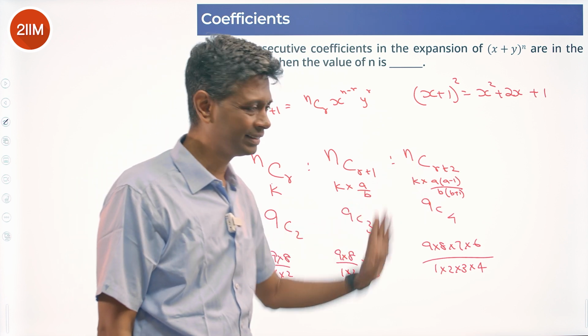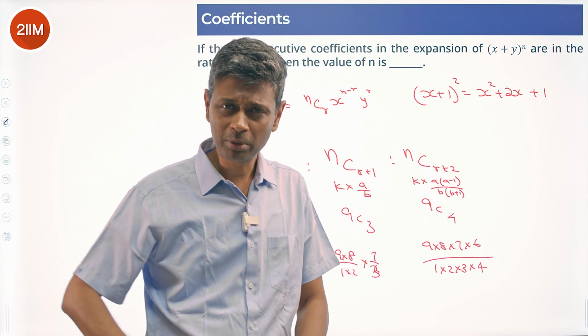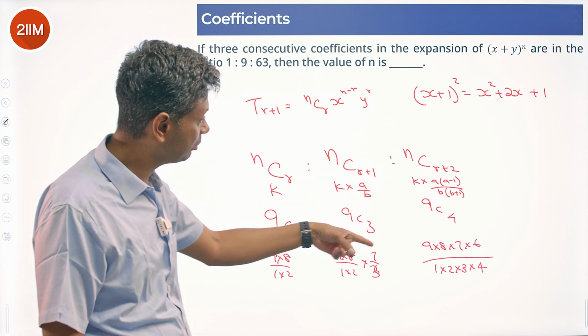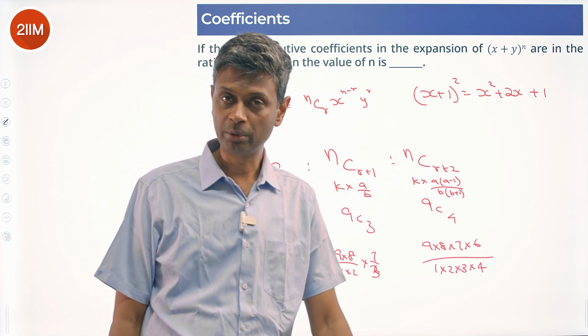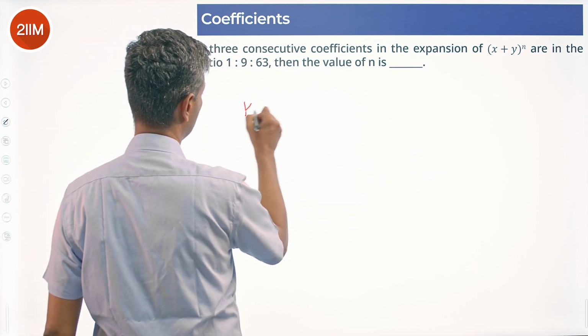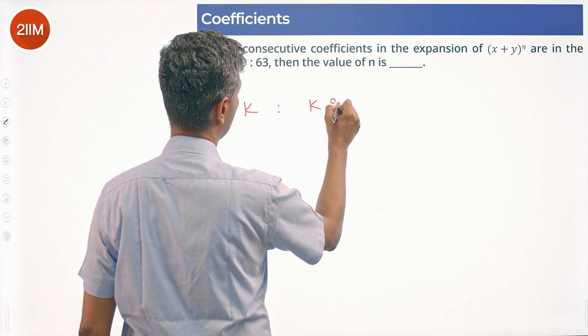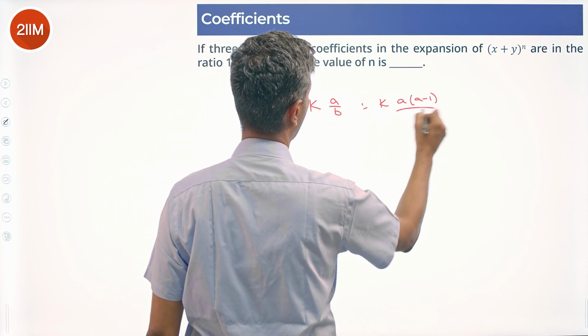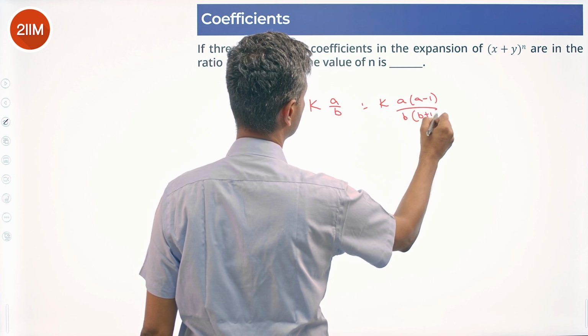So if I get this, then I've got a complete handle on what is a by b, and what is a into (a-1) by b into (b+1). So my ratio of coefficients is k is to k into a by b is to k into a into (a-1) by b into (b+1).